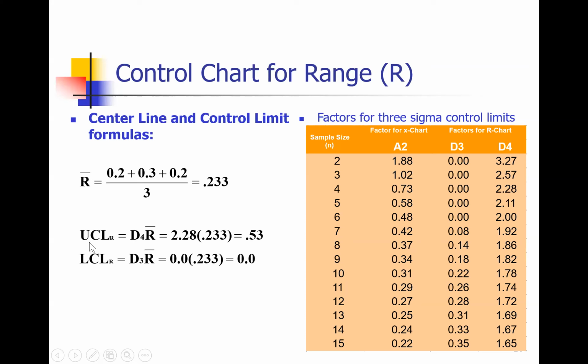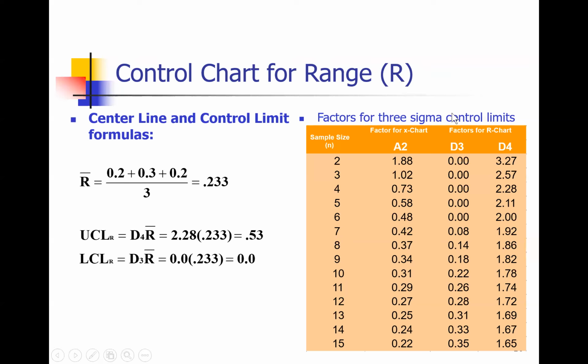So you can calculate the upper control limit and lower control limit for the range using D4 R bar and D3 R bar. Our sample size is 4. In our case, what is the number of observations?